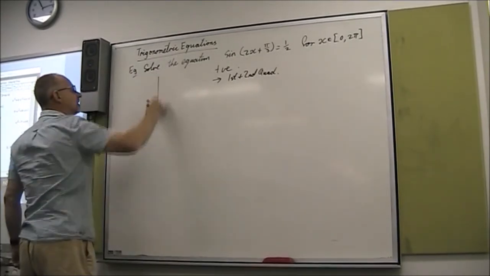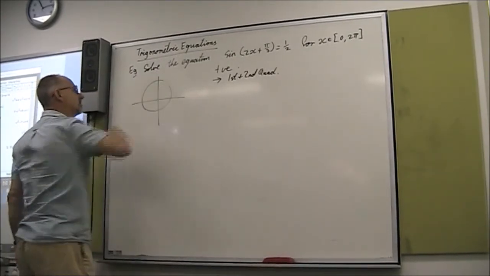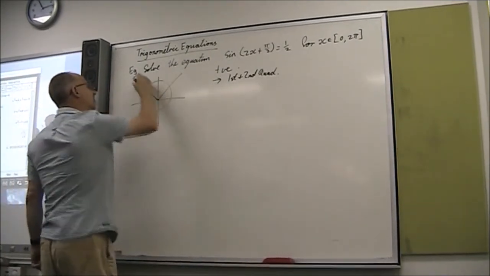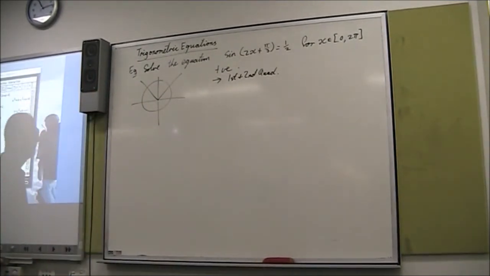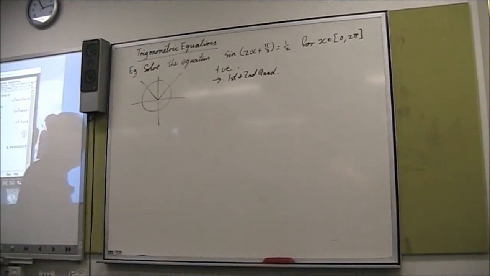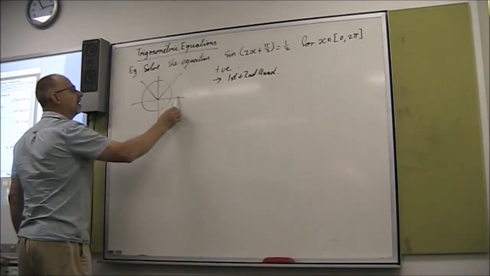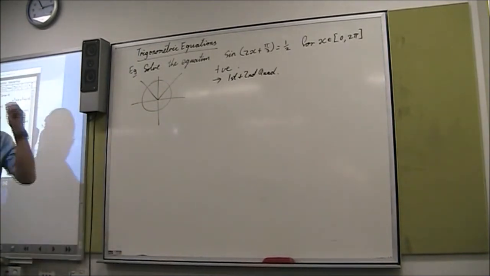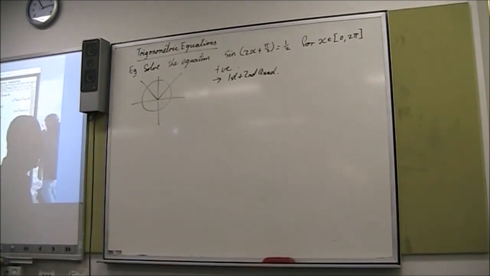So the way I do it is I always do myself a rough sketch and I always go, so now I'm looking at first and second quadrants. So I'm looking at this angle here and this one around there, and I need to figure something out about it.